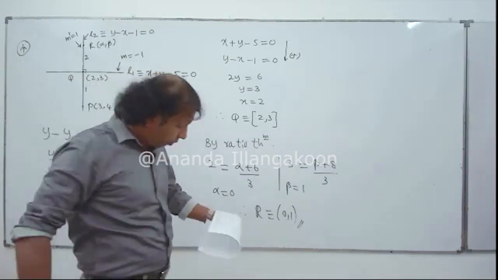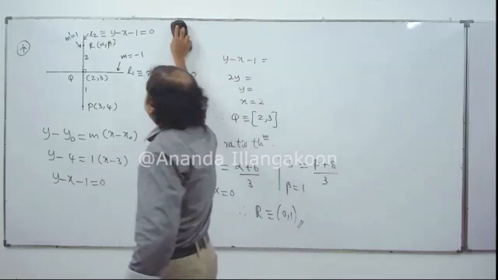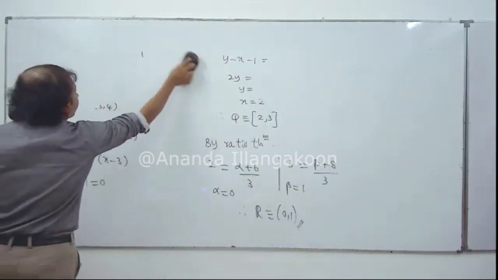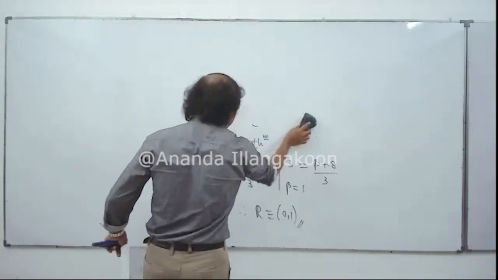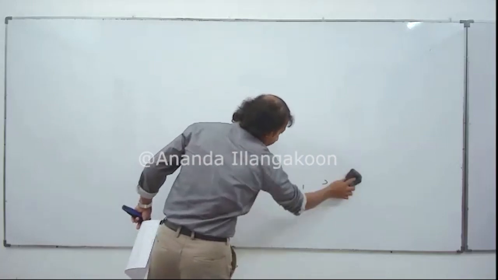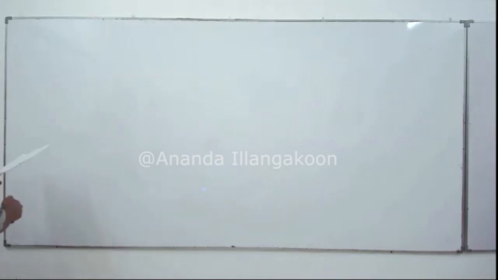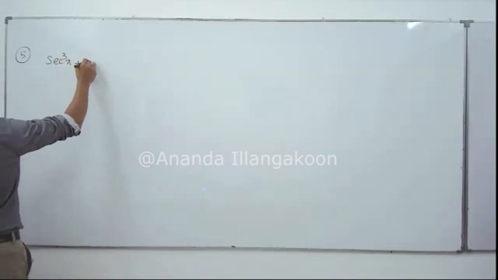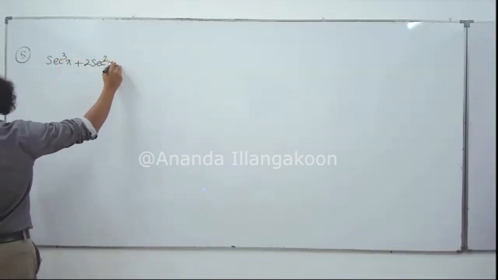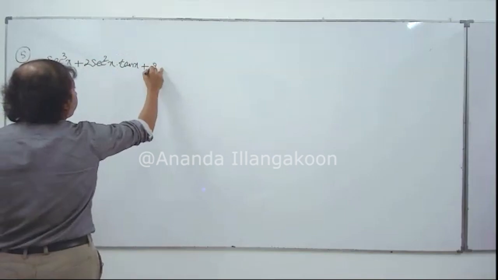We'll come to number 5. Sec cube x, plus 2 sec squared x tan x, plus sec x tan squared x.